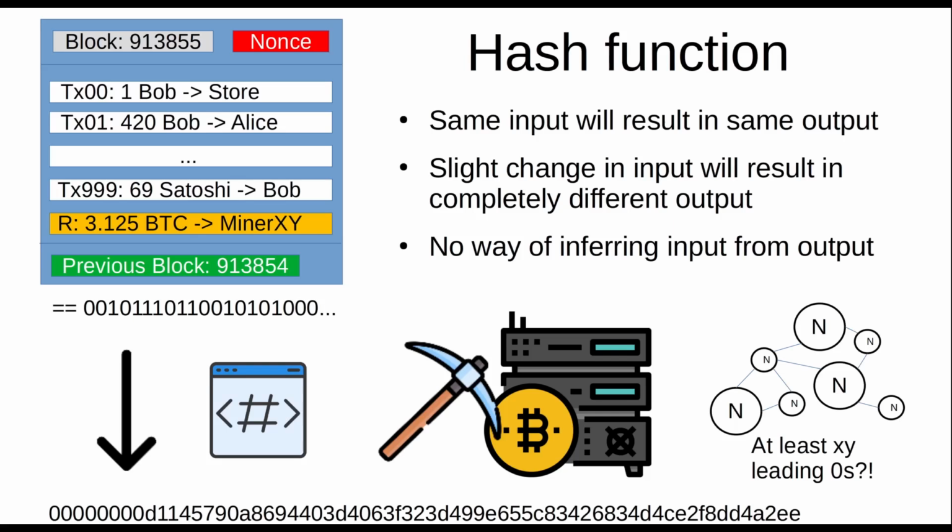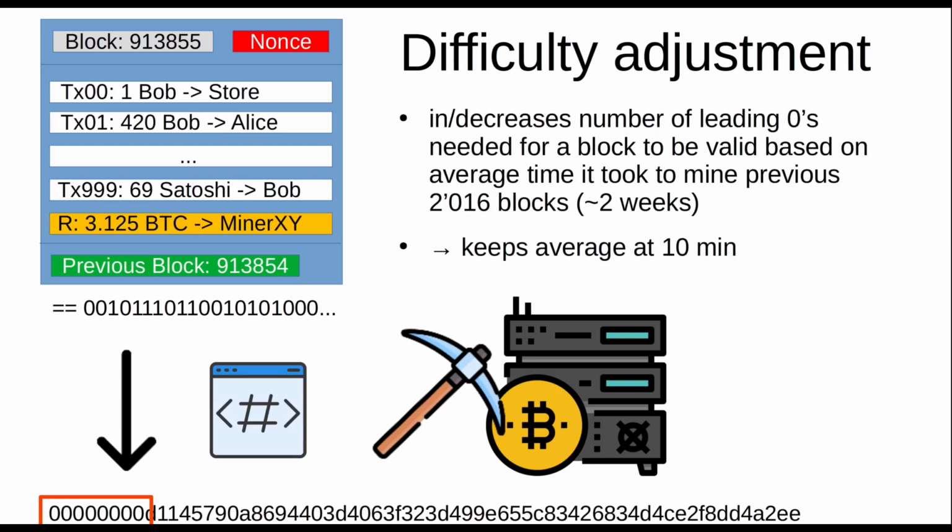But while we're still at it, let's also look at the difficulty adjustment. The difficulty adjustment is another mechanism in Bitcoin that makes sure that on average a new block is mined every 10 minutes, right?